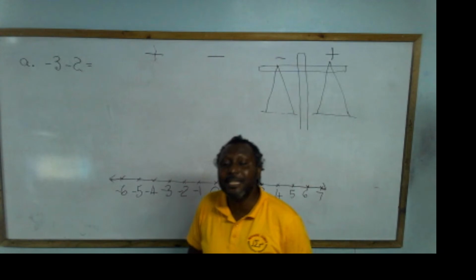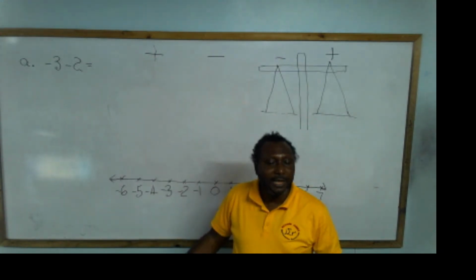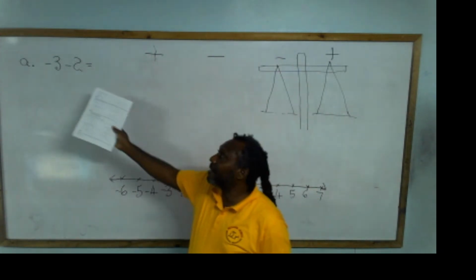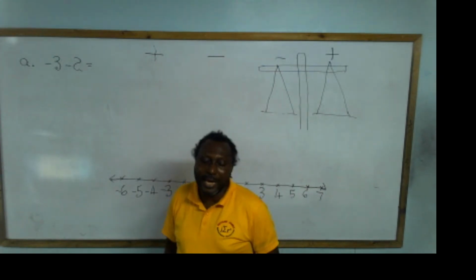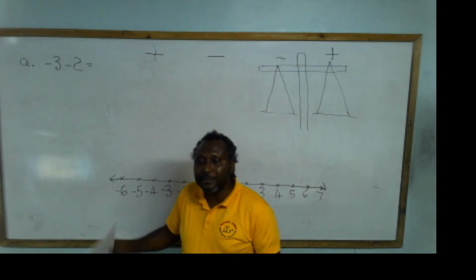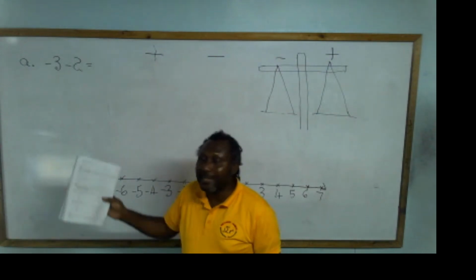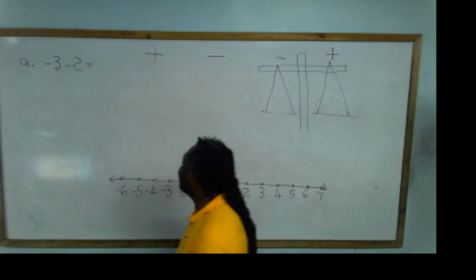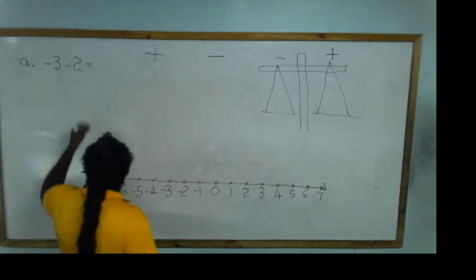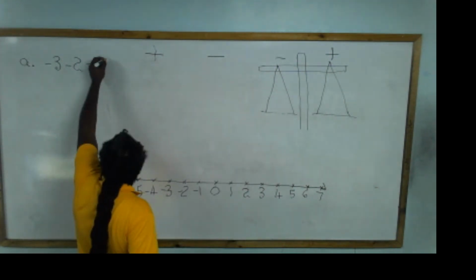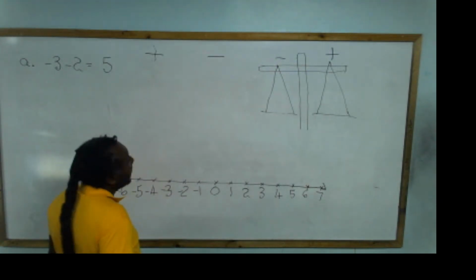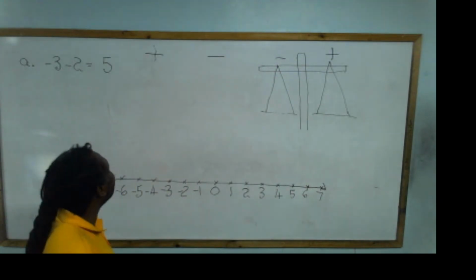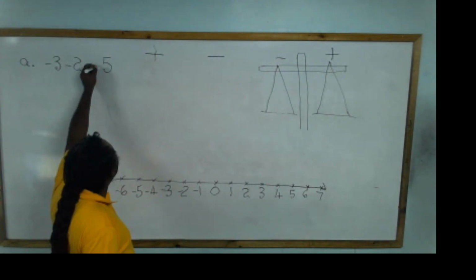If the numbers are of like signs, then we add. According to the rule, we add 3 plus 2, that's 5, and the answer will take the same sign as the numbers that we have added.